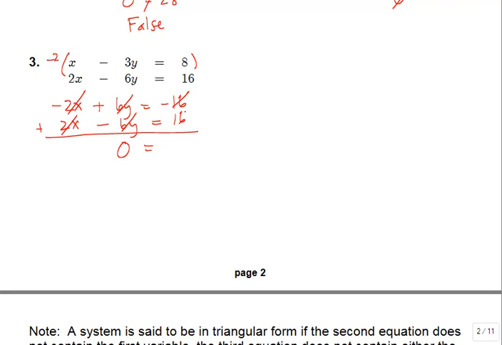But this time the constants cancel as well, so I have a 0 on the right side as well. And now this is a true statement. What that means is that these are two coinciding lines. If you were to graph them, they are exactly the same equation. In fact, if you take this second equation and divide it through by 2, you'll get exactly that top equation. So it's just two different forms of the same line.